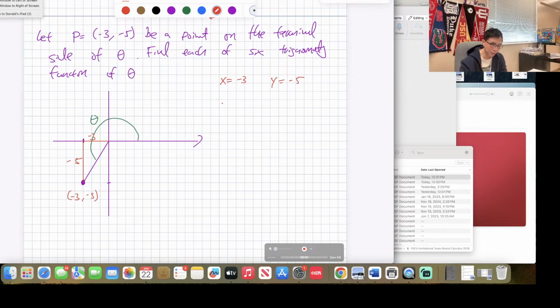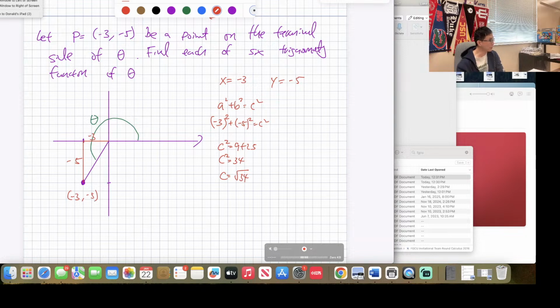Good. It's a squared plus b squared equal to c squared. So it'll be -3 squared plus -5 squared equal to c squared. Is that okay? C squared is equal to what? 9 plus 25. C squared equal to 34. C equal to square root 34.